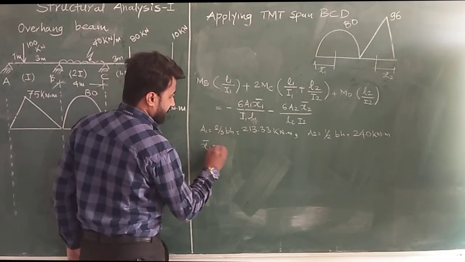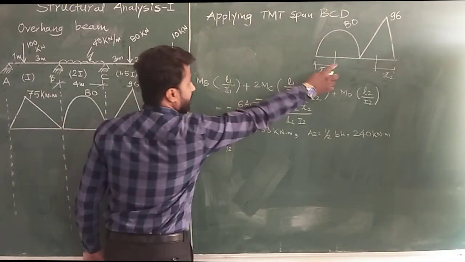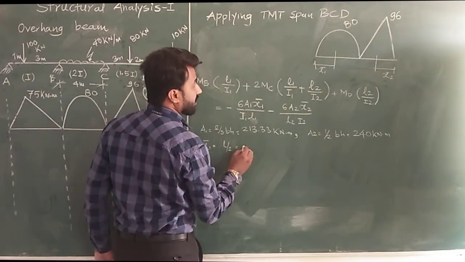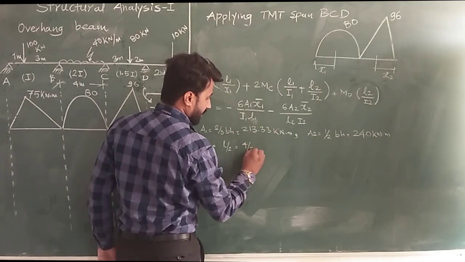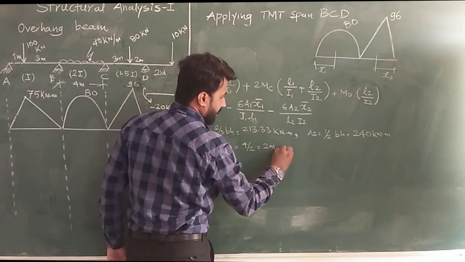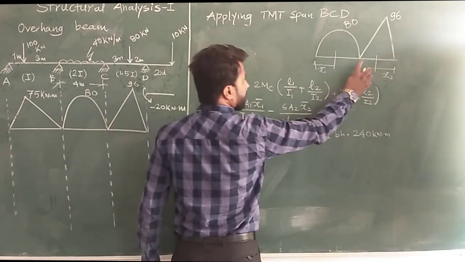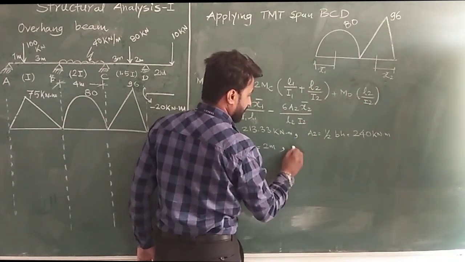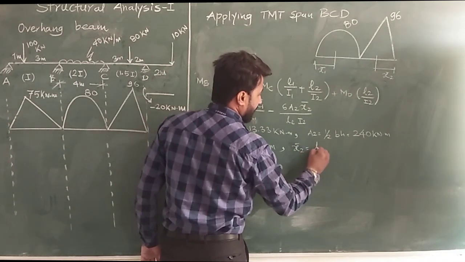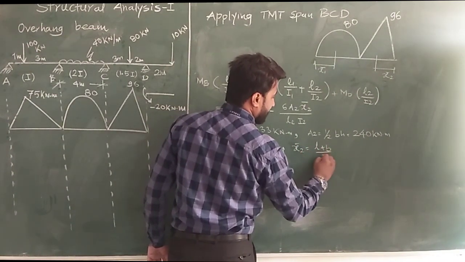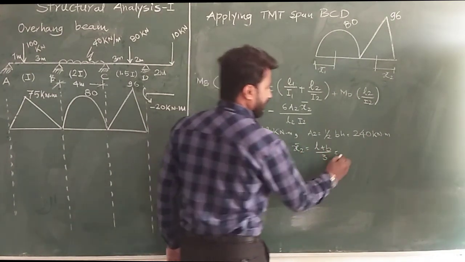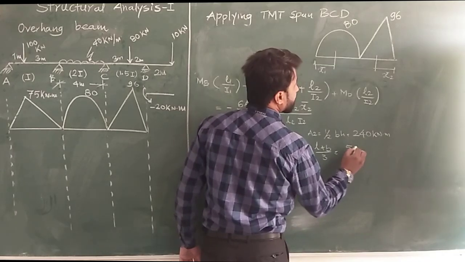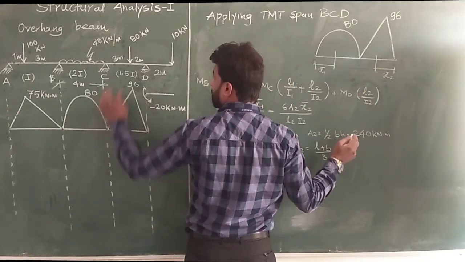So x1 is L by 2 because of the symmetry. So this is L by 2, that is 4 by 2, 2 meter, and this is x2 bar from the right hand side. So L plus B by 3, 5 plus B is 2 meter.